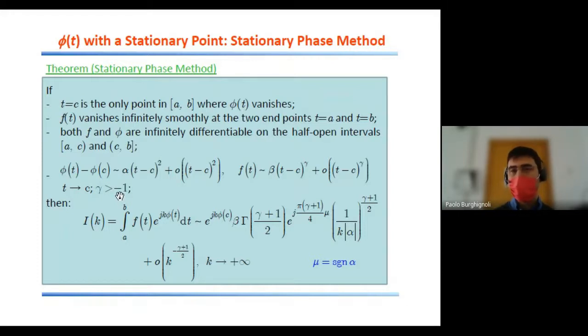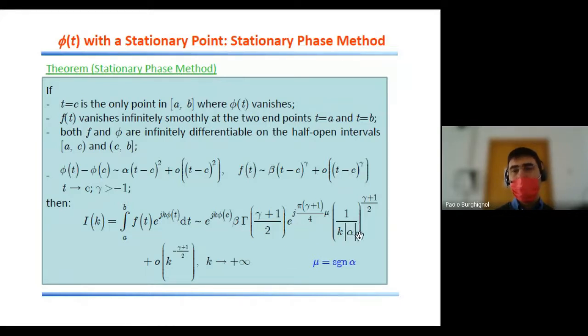Then the asymptotics of this generalized Fourier integral is given by this formula here that generalizes the previous one, where again we have the Fourier exponential evaluated at c. Then there are some constants, beta, the gamma function, this exponential here.